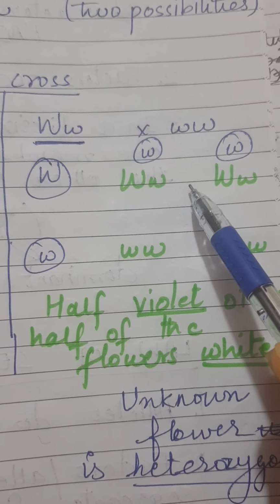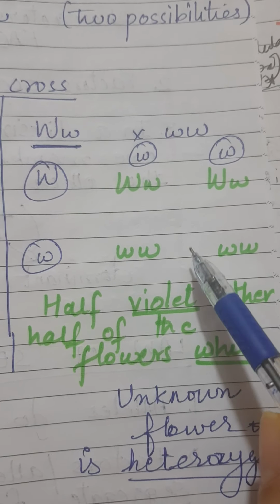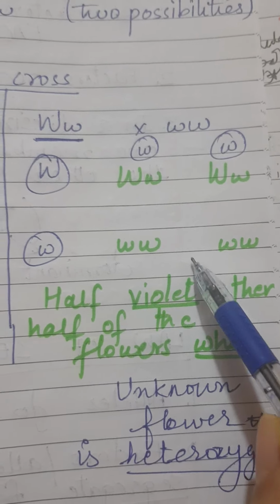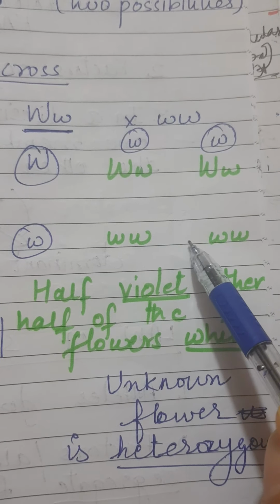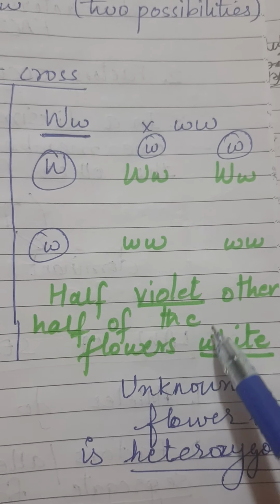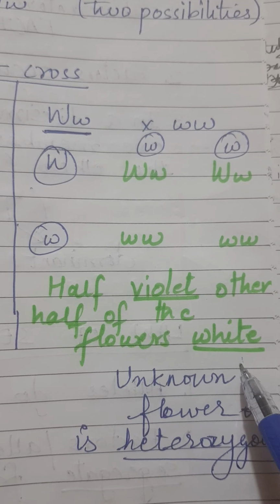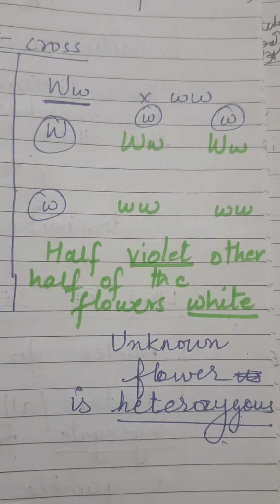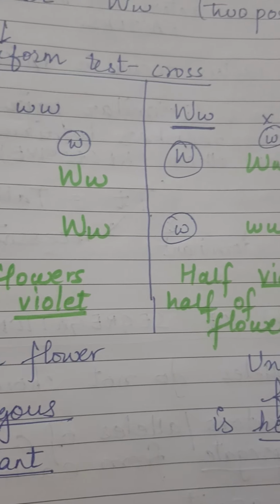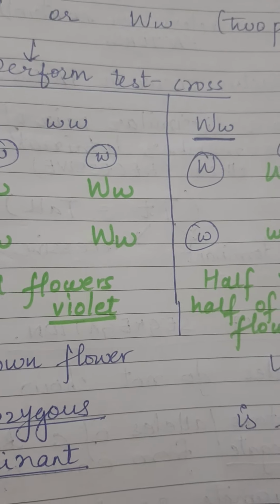The phenotype over here will be violet and over here it will be white. So half violet and half white, a 50-50 ratio, 1:1. Then we come to know that if this phenotype is there, the unknown flower is heterozygous. Like this, with test cross we can predict the genotype of the organism.